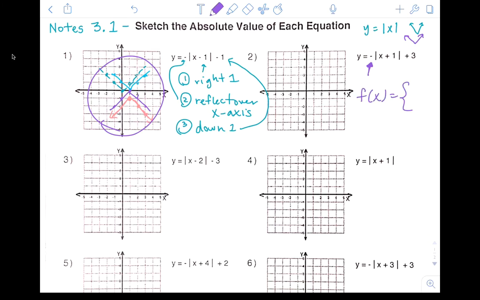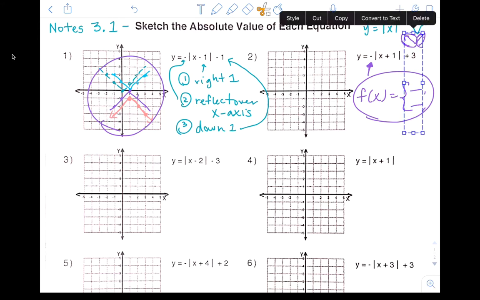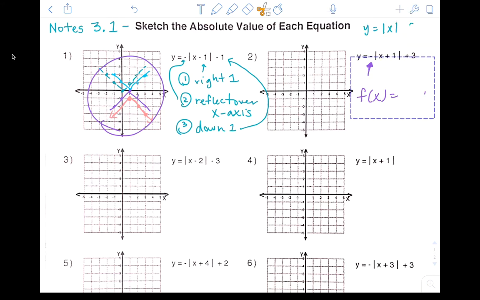A piecewise function where you'd have 2 different equations or more, and then you'd have what x could be, greater than or equal to, or less than or equal to, or whatever. Well, that's really what's happening here. You've got a line and a line pieced together looking like this. So it's totally fine to write them as a piecewise. It's totally possible, and you may, hint, hint, have to do that on your test.